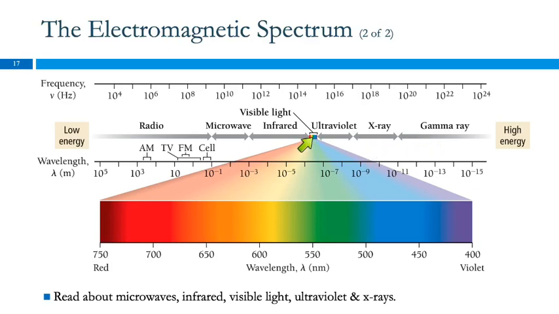This little tiny section in here is very interesting to us because this is the electromagnetic radiation that we can see with our eyes. Because it's so interesting to us, we're going to zoom in, and this part here is a zoomed in version of this. So we've expanded it so we can see this is 750 nanometers up to 400 nanometers.